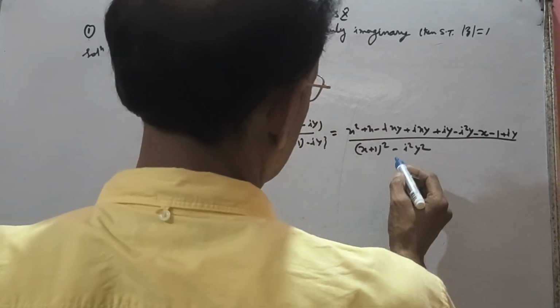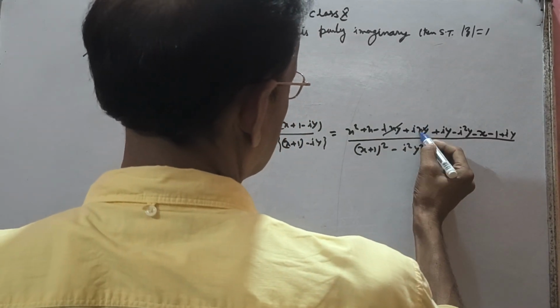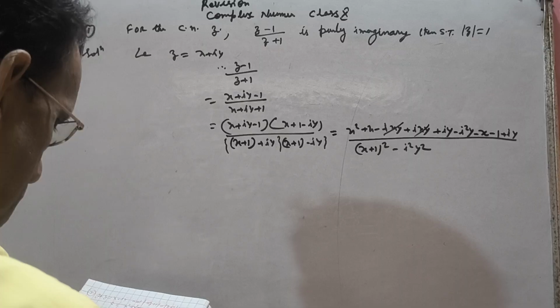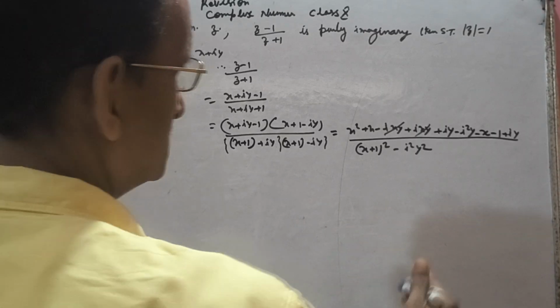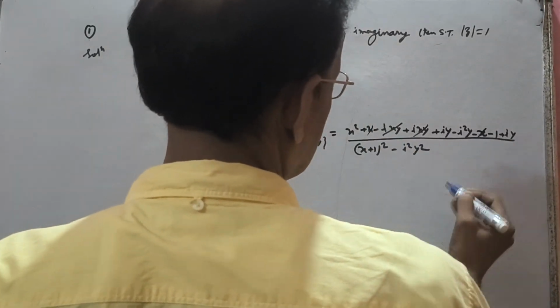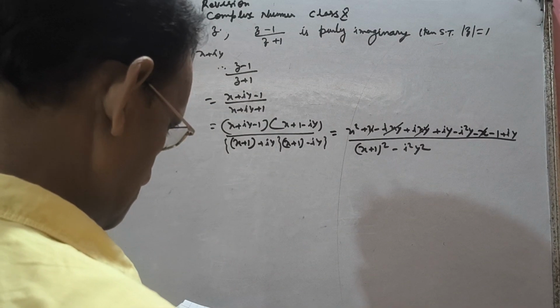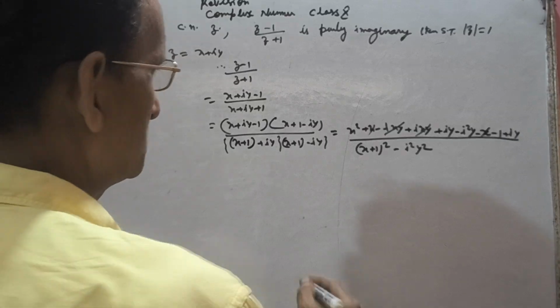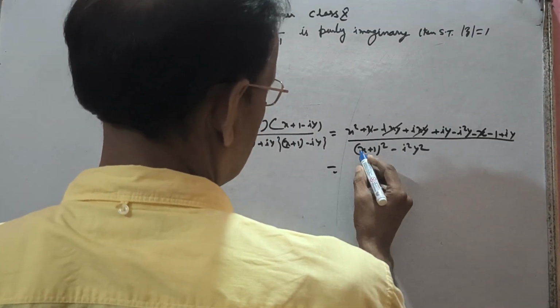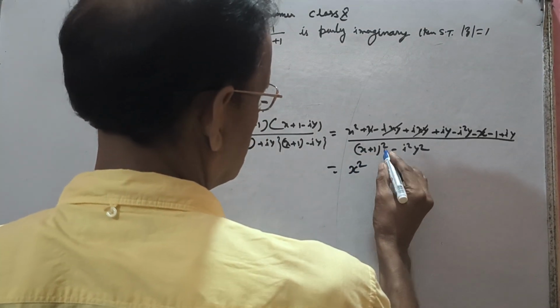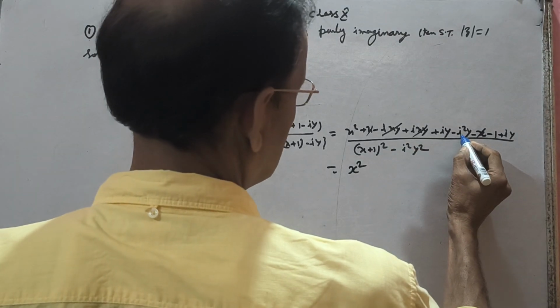Now minus ixy plus ixy cancel. What else cancels? Plus x minus x cancel. Then nothing else cancels. What is left? x square. See, i square is minus 1.